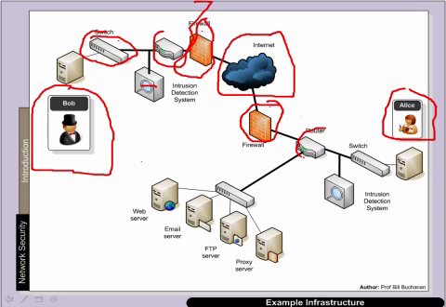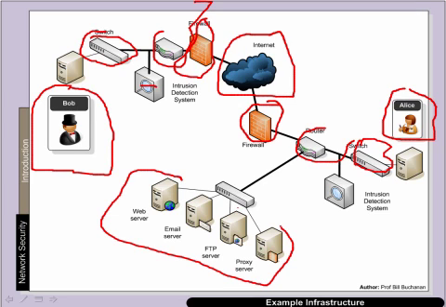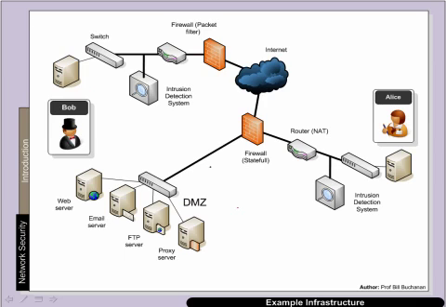On the other side here we can see similar type of architecture, and in this case we might have our servers for our organization. A typical design is to move our forward-facing servers, the servers which can be accessed from the outside, into a demilitarized zone.